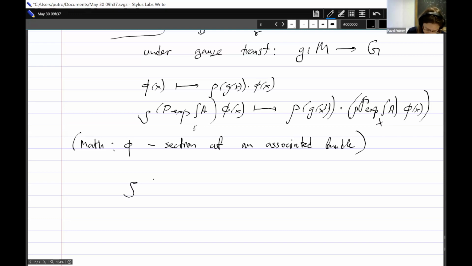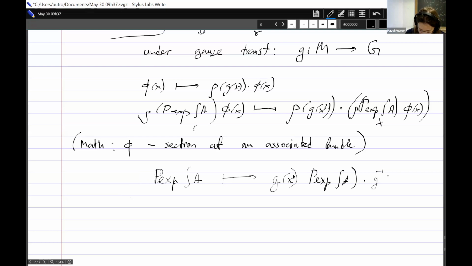Well, we can consider this path ordered exponent itself without any field φ, and under gauge transformation it transforms as g of x times it times g inverse.